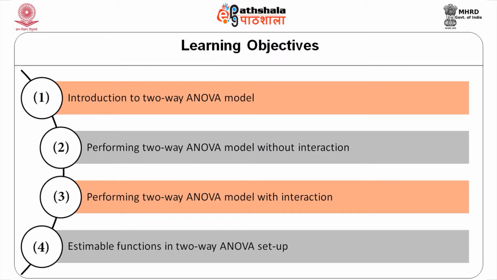If the number of categorical inputs happens to be 2, then we have two-way ANOVA. The theory is remarkably similar to that of one-way ANOVA, except that here we have to worry about whether the two inputs interact with each other. In this module, we are going to take a look into that.